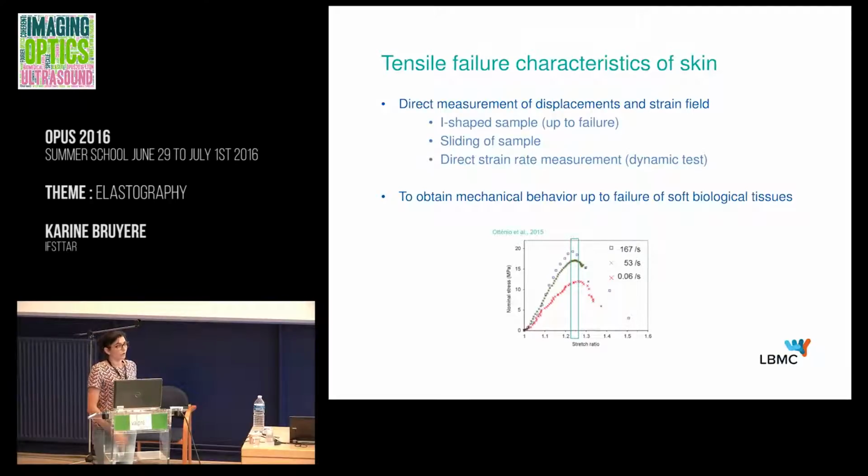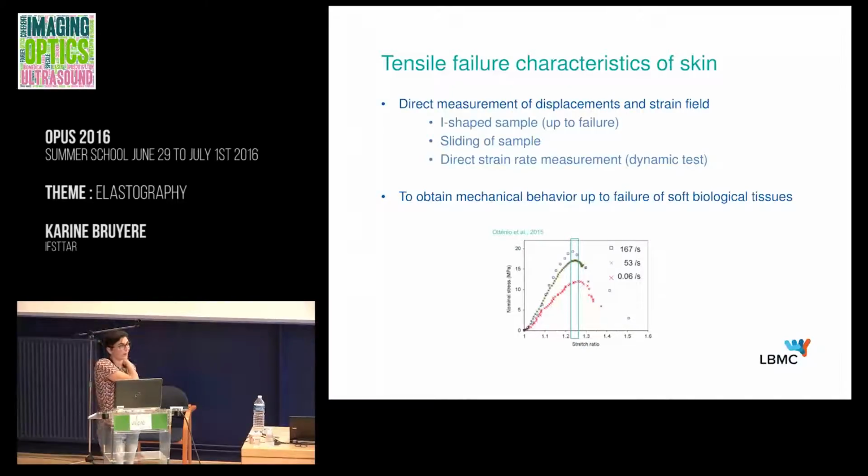So it's a recall of all the advantages for us of direct measurement of the strain field on the skin for tensile tests. Because we've got an eye-shaped sample, we need the virtual gauges. It avoids the bias due to sliding, and for dynamic tests, it helps us in measuring the direct strain rate.